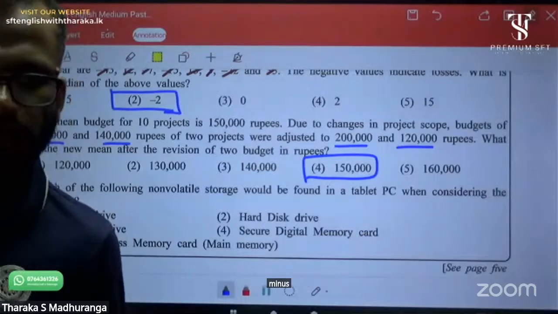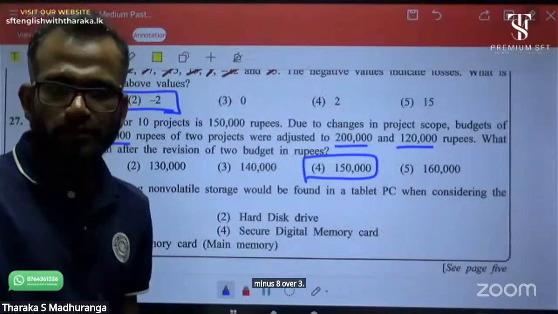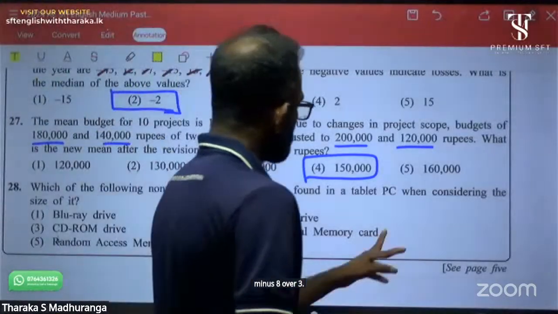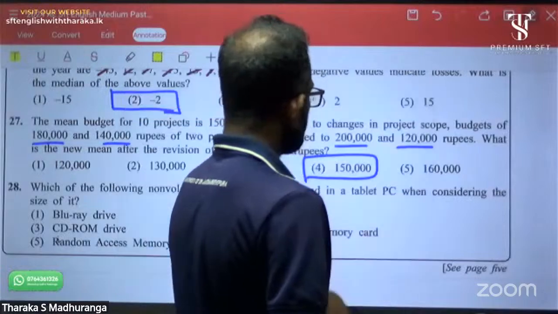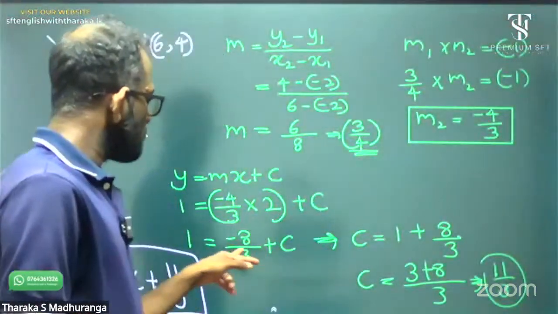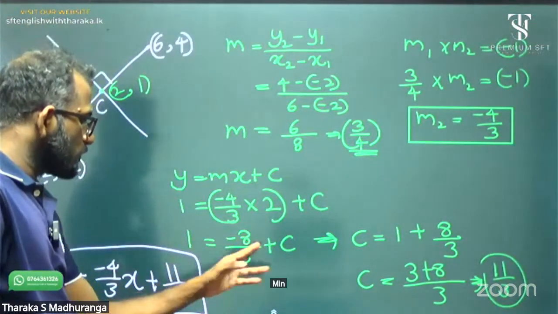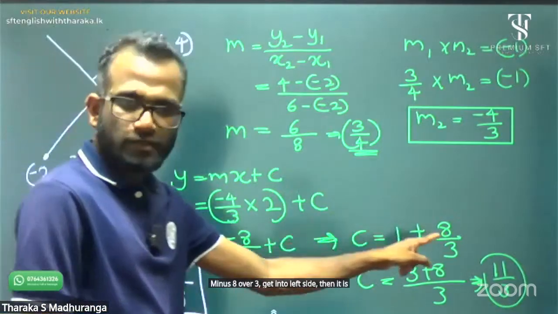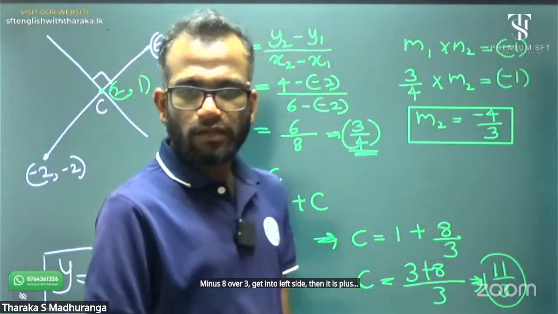-8/3. එහෙම වුණා. එහෙම තමයි ගත්තේ. -8/3 get into left side, then it is plus. Yes.